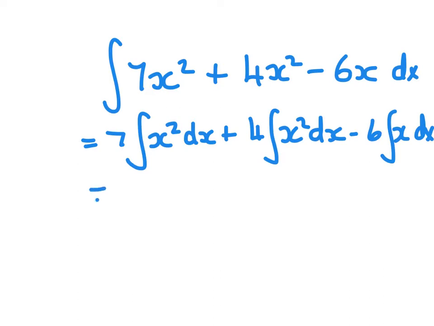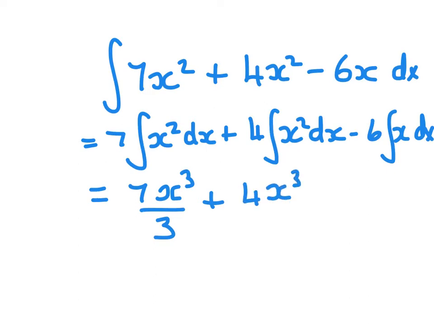And I can simply integrate each one. So 7 times raise the power by 1 divided by the new power, plus 4 times raise the power by 1 divided by the new power, minus 6 times.